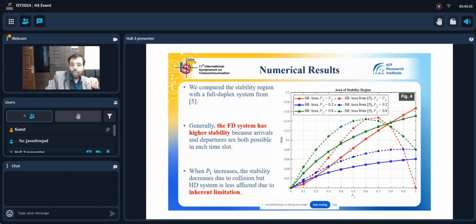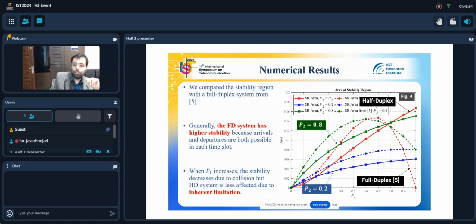We also drew the area under the stability region for multiple values of P1 and P2. We also went further and compared our half-duplex system with a full duplex system from one of our references, just for the sake of comparison. And the pattern in here is that, generally speaking, the stability region for the full duplex system is larger than the half duplex system.